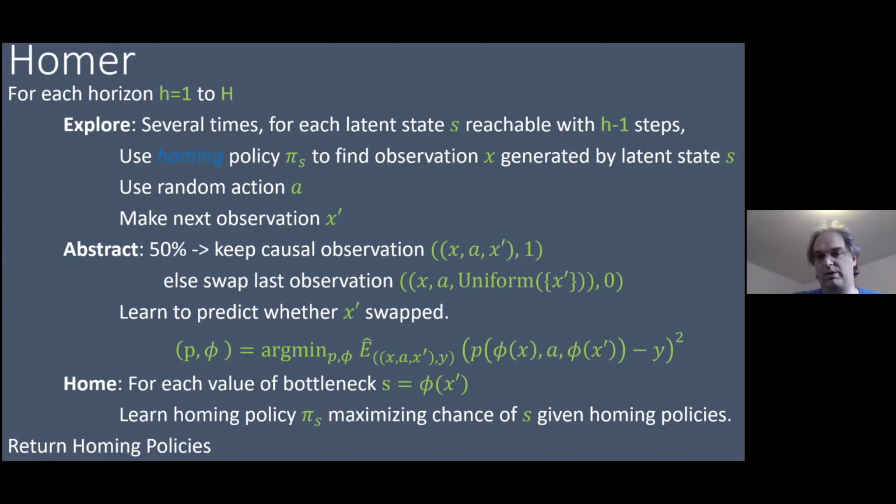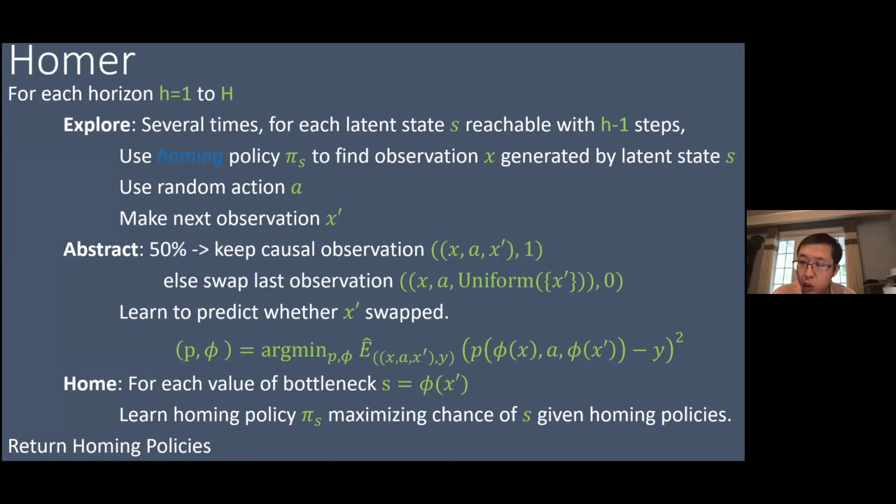So we're taking our reinforcement learning problem, and we're transforming it into two kinds of problems. One of them is a regressor problem, right here, where there's a little bit of extra constraint on the form of the regressor, and then more general contextual bandit learning in the process of trying to find these homing policies. Thank you.